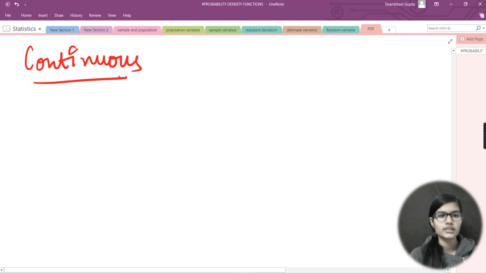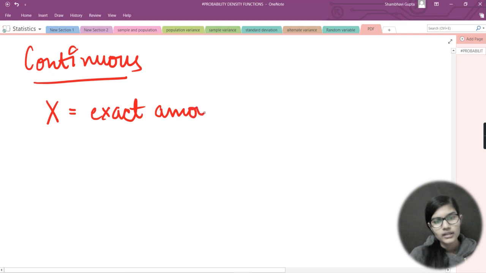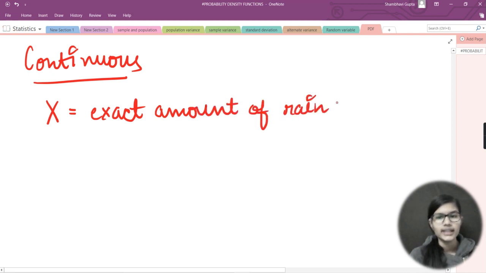So here in the last video we have taken an x, and our x was the exact amount of rain tomorrow, right? So it was the exact amount of rain which would be falling tomorrow. And what would be the exact amount of rain? It would be 1 inch, 1.1, 1.2 or 2 inches, something like that, right? So we have taken this.